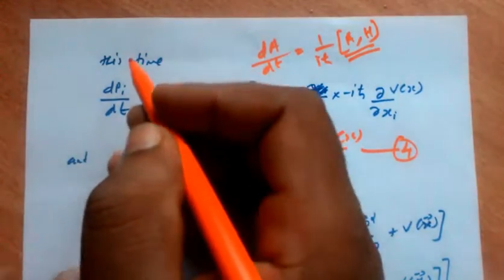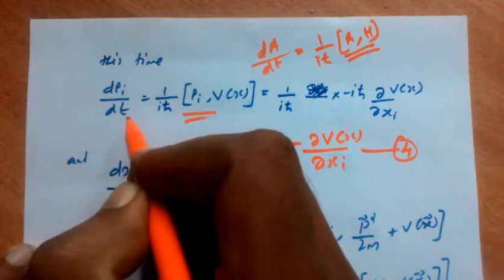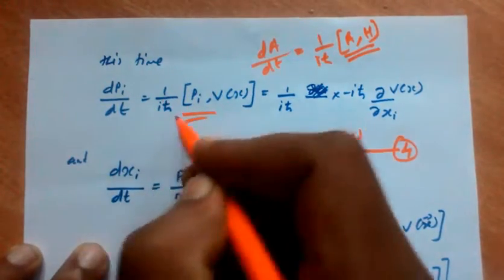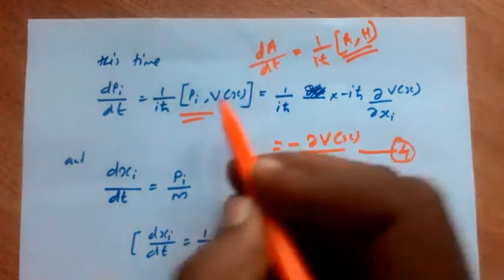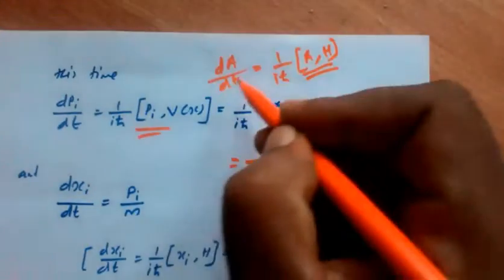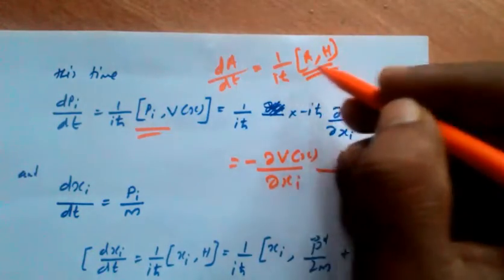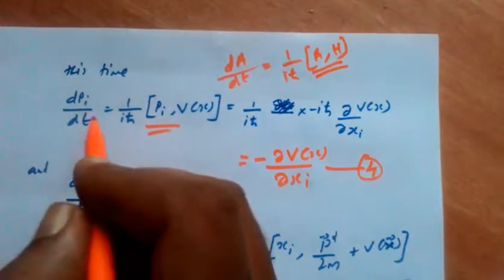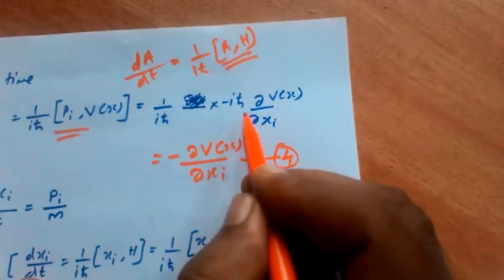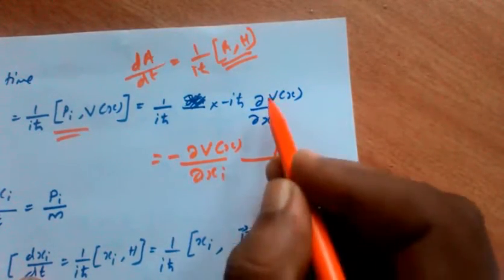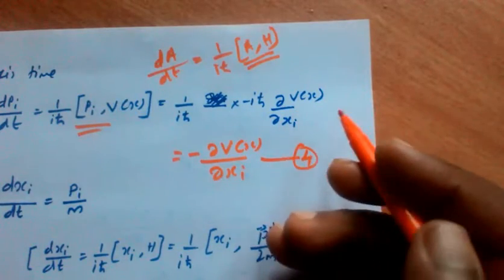Once again we will do the same operations: d pi over dt equals 1 over h cross, the commutator of pi and V of x. Like dA over dt equal to 1 over i h cross, we use this equation, and that is equal to 1 over h cross into minus i h cross dou over dou xi of V of x, by equation 2.